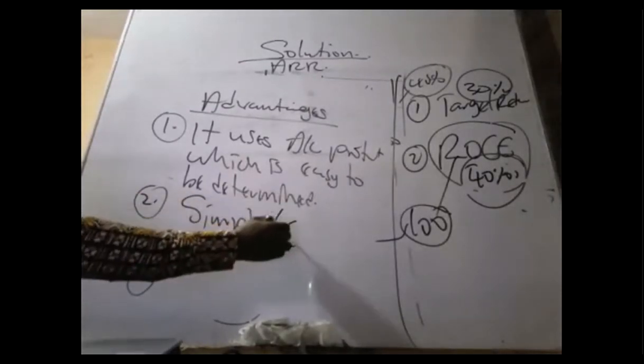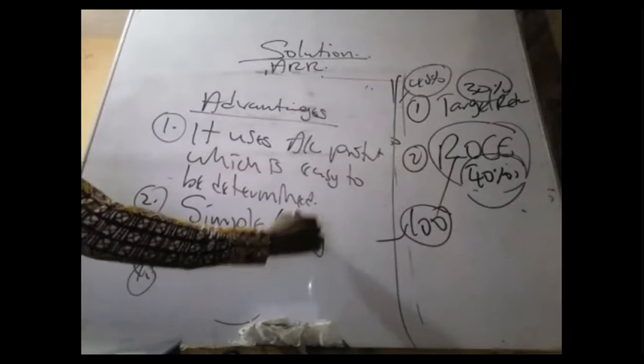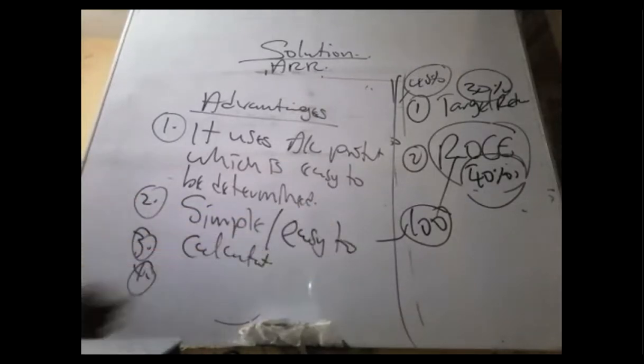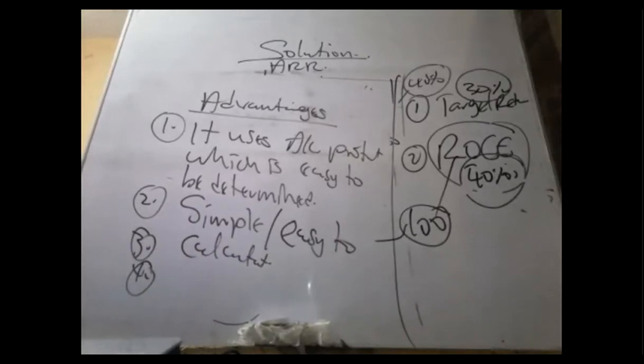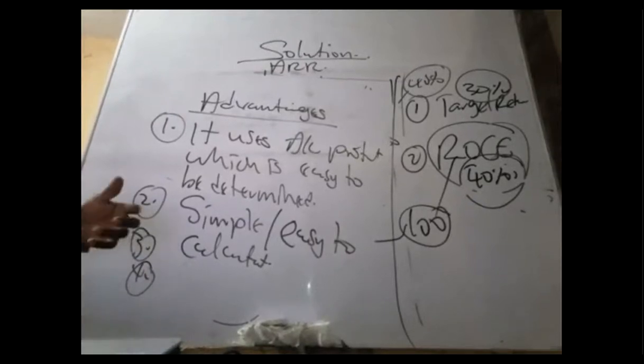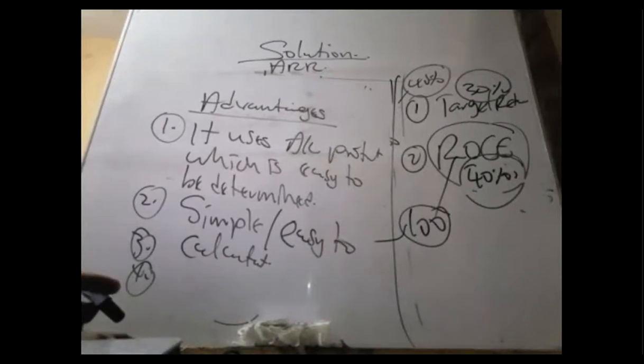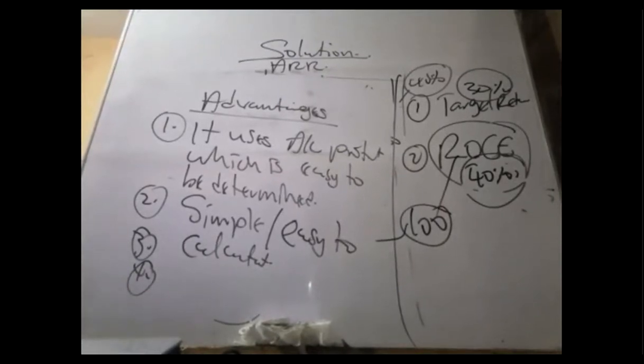Simple and what? Easy to calculate. And then easy to understand. Fairly easy to understand. Why? It's easy to understand because it uses concepts that are familiar to business managers, such as profit and capital employed. Okay. So that's that.